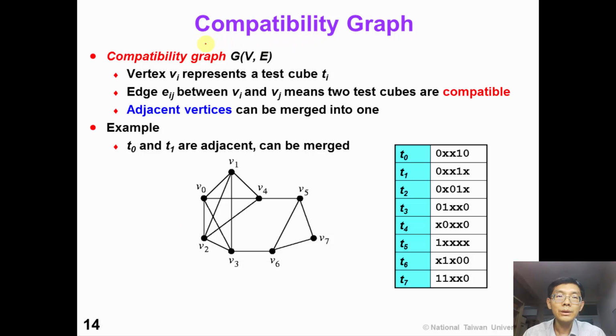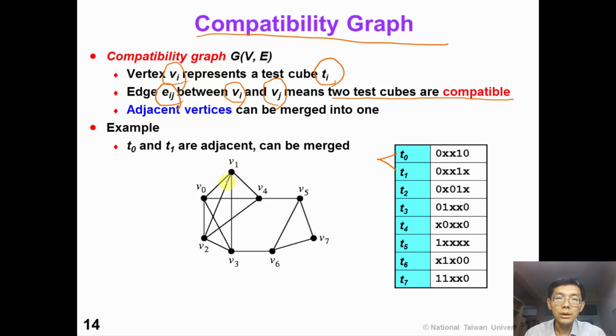We can model this problem by a compatibility graph. In the compatibility graph, the vertex Vi represents a test cube Ti. An edge Eij between vertex Vi and Vj means that these two test cubes are compatible. For example, T0 and T1 are compatible.